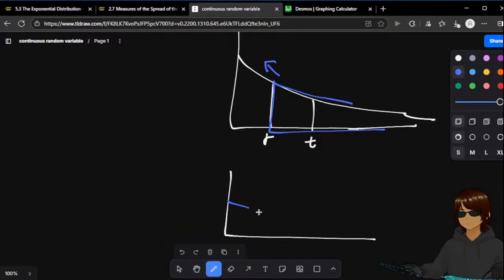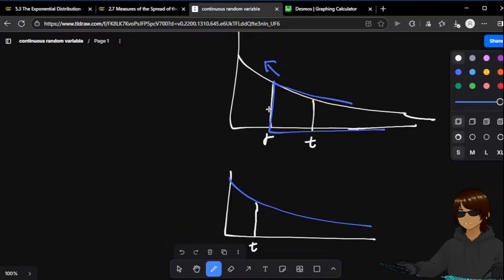So the memoryless property says that if r happens, this part we don't need to be concerned about.